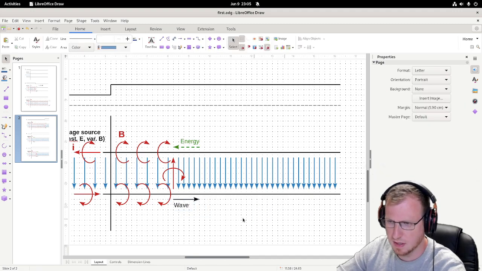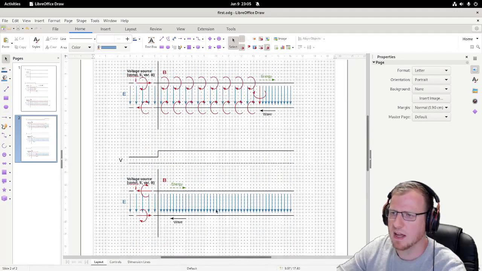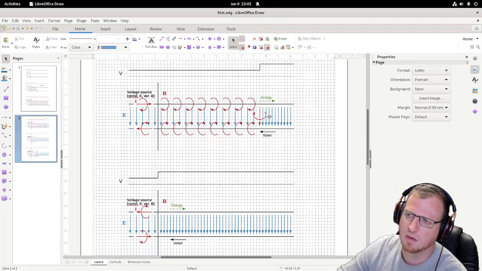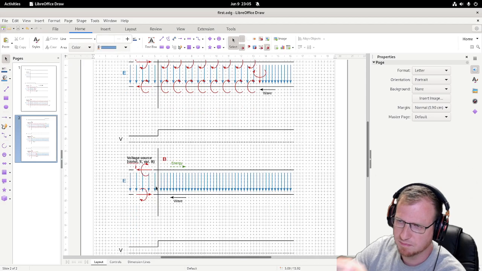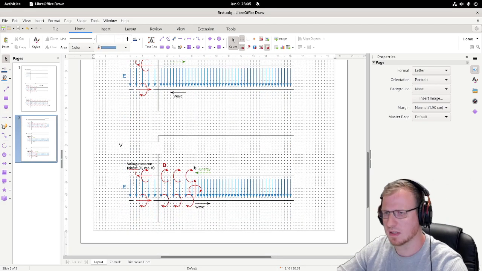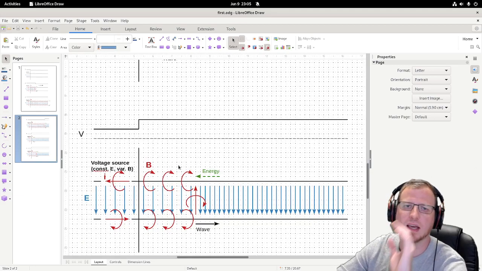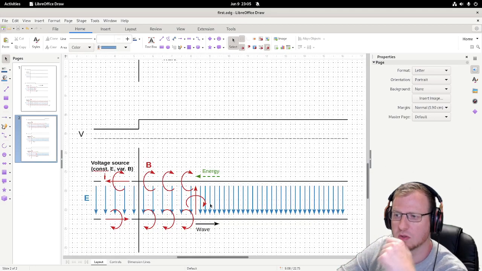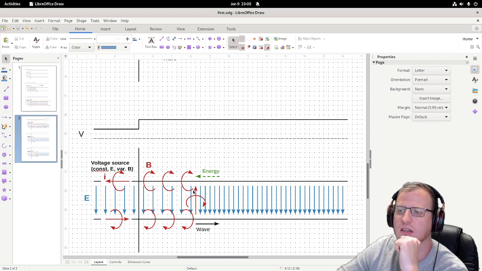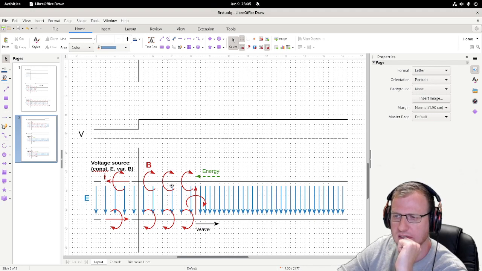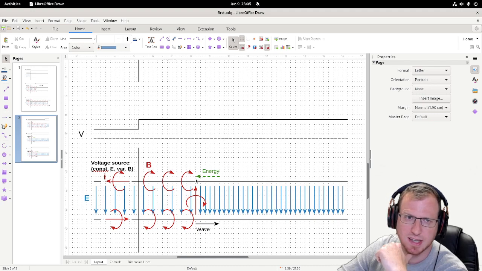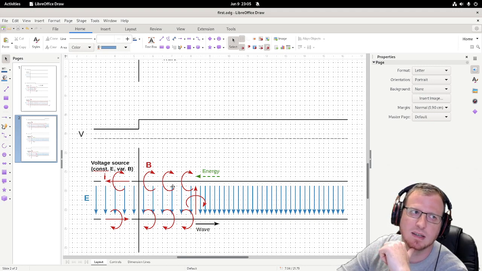So again, the wave went back and stopped here, and now it's going again to the right, but the energy, the pointing vector, has now changed its direction because the direction of the magnetic field changed, and the direction of the electrical field is the same as before.